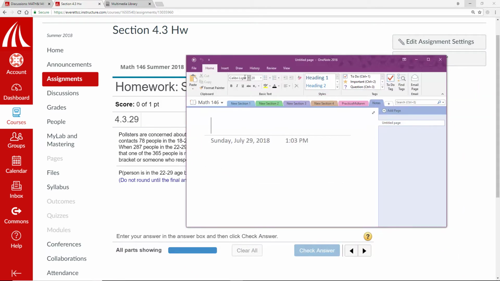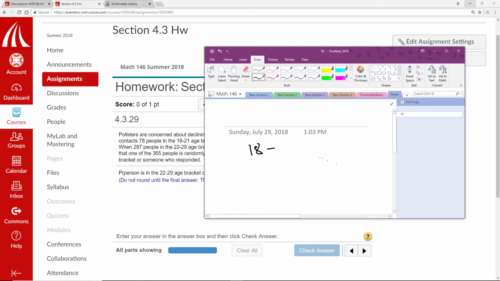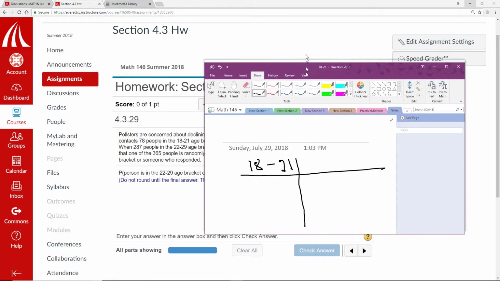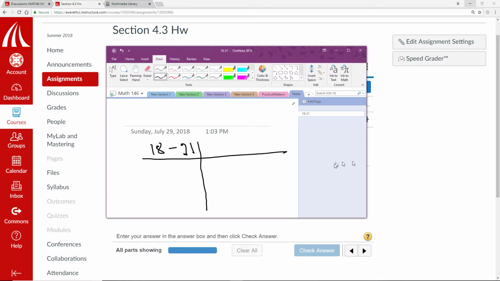And the first thing we know is that there's different brackets. There's the 18 through 21 bracket. There's the 22 through 29 bracket.